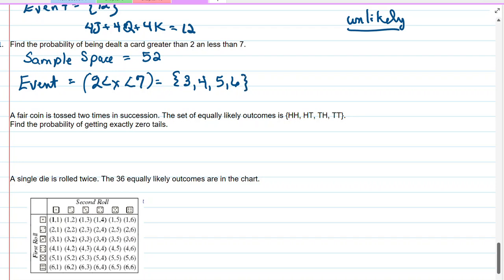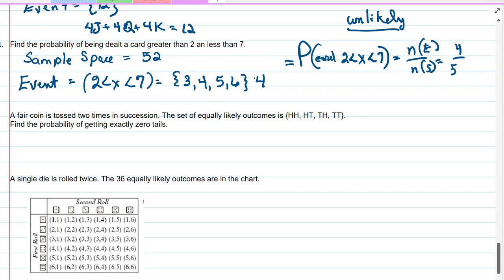These are the values where 2 is less than the value and the value is less than 7. So, because these are the numbers in between, and we have 4, the probability that the draw is less than 7 is the cardinality of our event over the cardinality of our sample space, 4 out of 52. And we already know that's 1 out of 13.